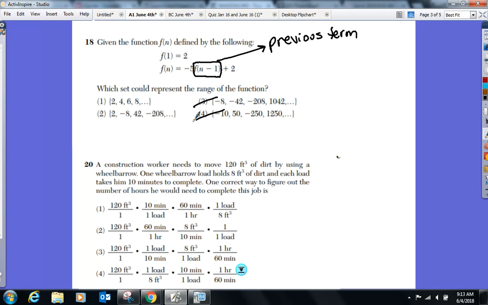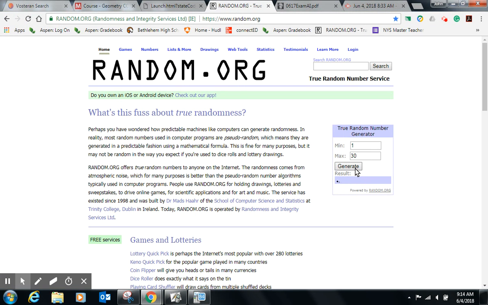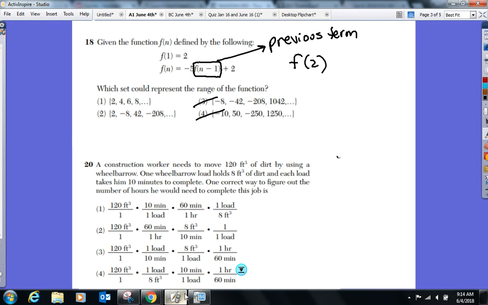Okay, help me find the second term now. How do I find the second term using this rule? Here we go. Second term is going to be, ready, -5 times 2, previous term, plus 2. What's the second term? Hold on.